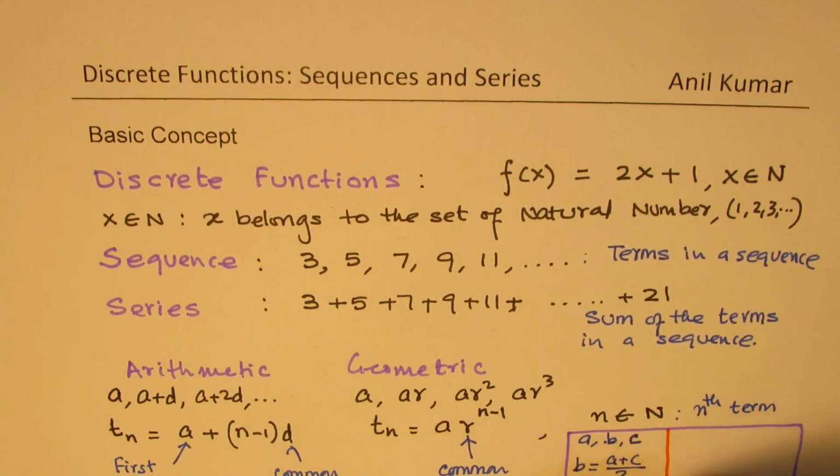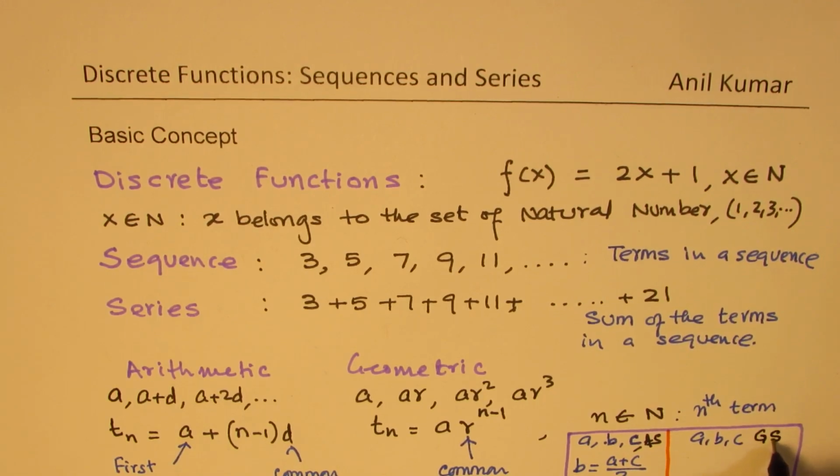On the other hand, if I have the terms a, b, c, but they are in geometric sequence. Let me write geometric. This was arithmetic sequence, correct?